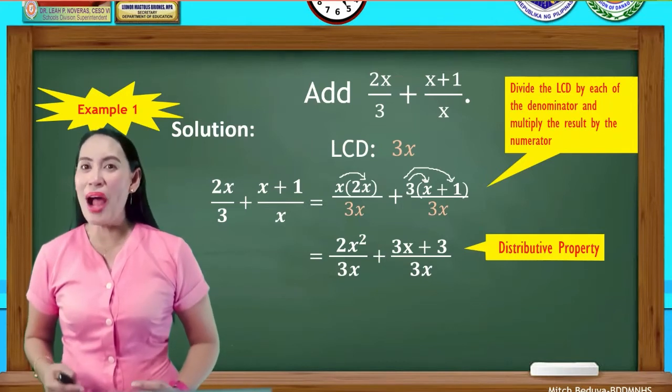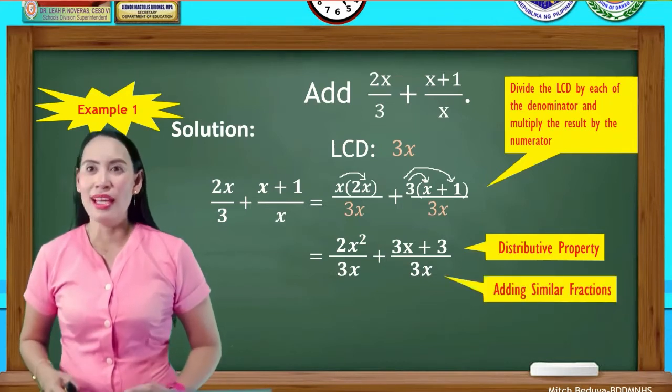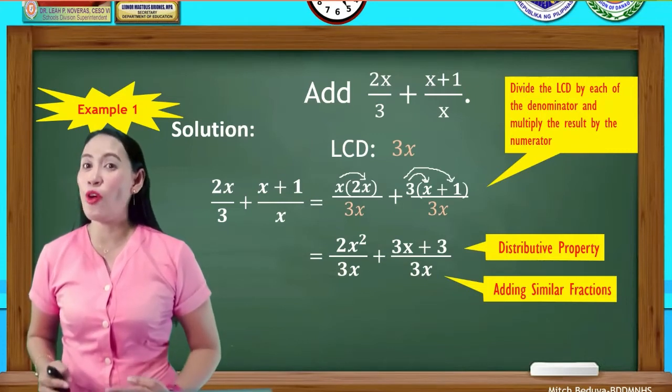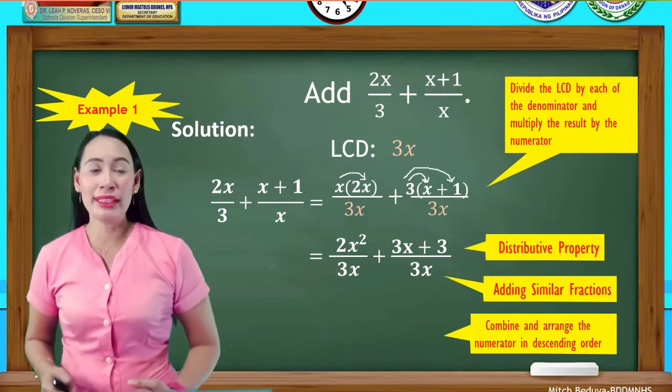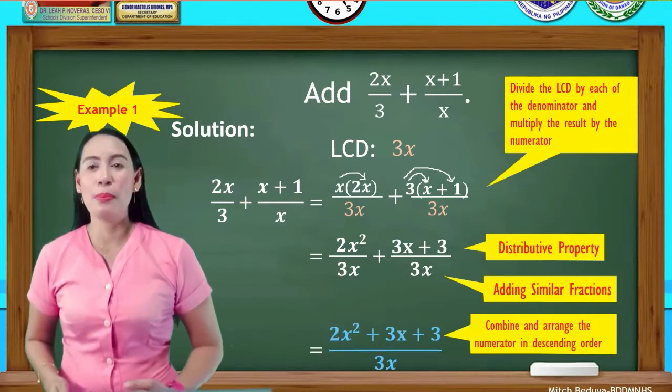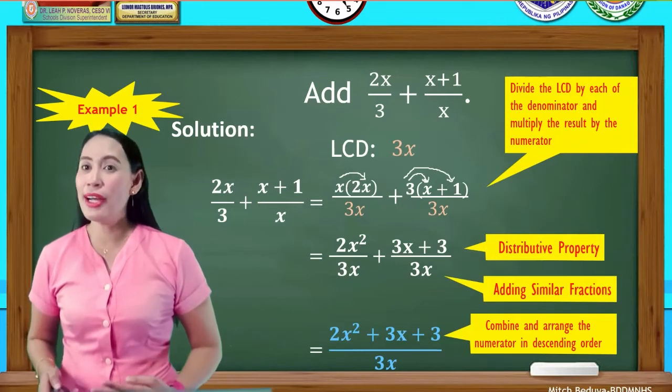Next, we are now adding similar fractions. We will combine and arrange the numerator in descending order. The result is now 2x squared plus 3x plus 3 all over 3x.